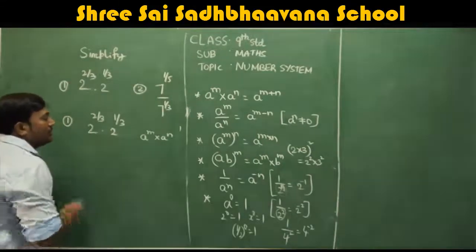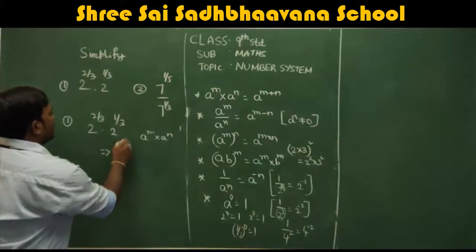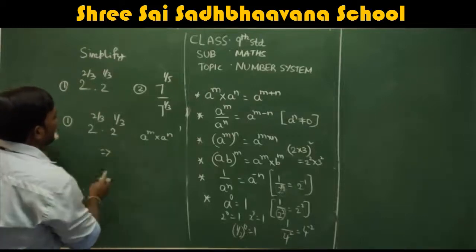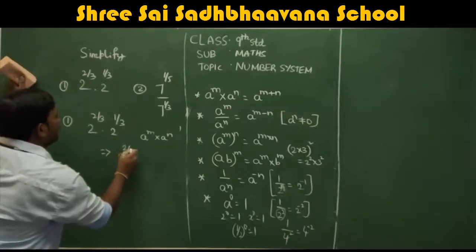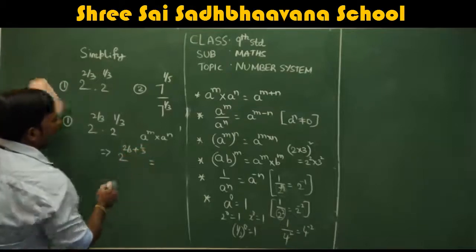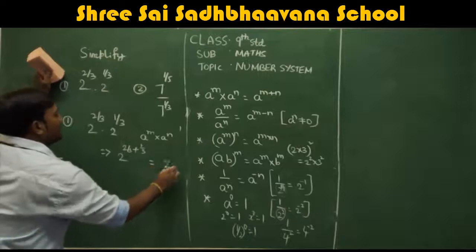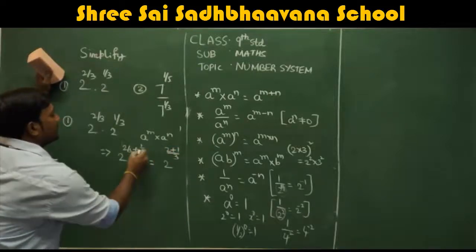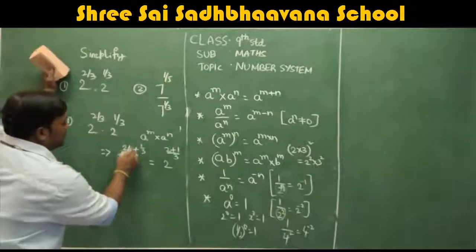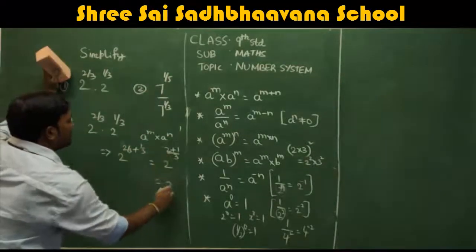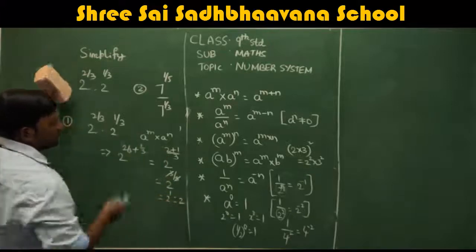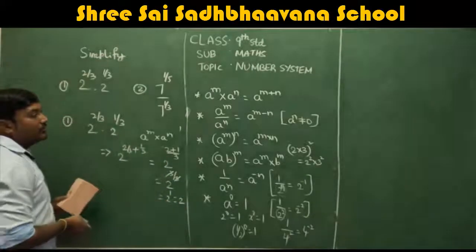Because m is 2 by 3 there, we get 2 power 2 by 3 plus 1 by 3. So 2 by 3 plus 1 by 3, which is 2 plus 1 by 3, because the denominators are the same, you can add the numerators. 2 power 3 by 3, 3 will get cancelled. 2 power 1, which is 2. So the answer is 2.